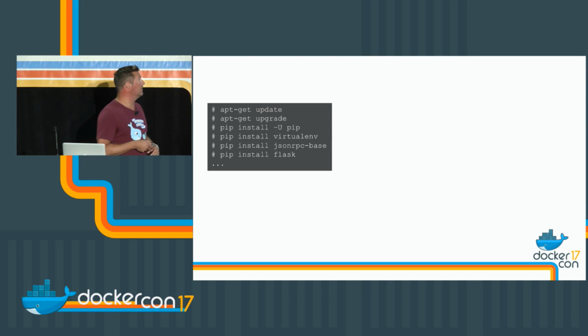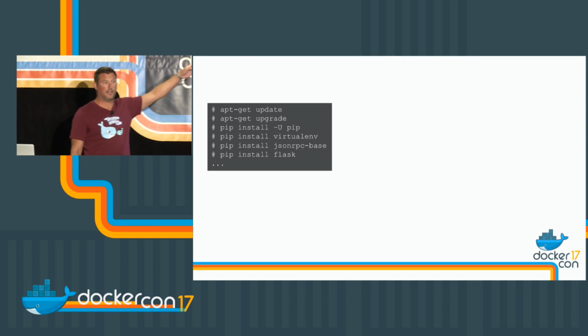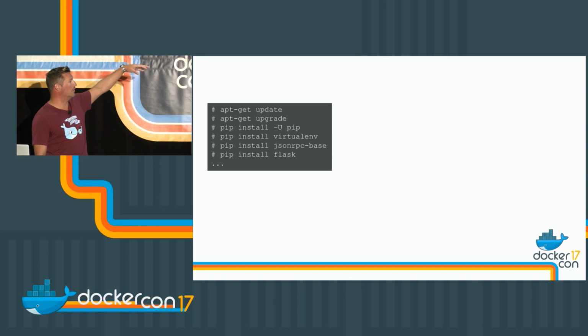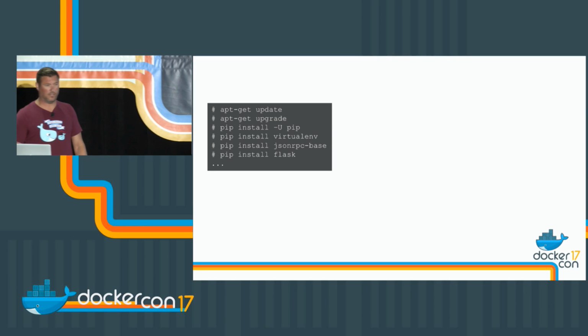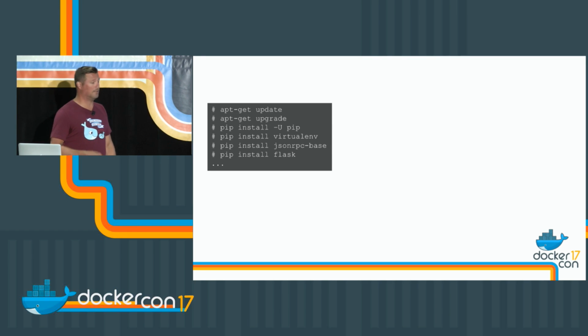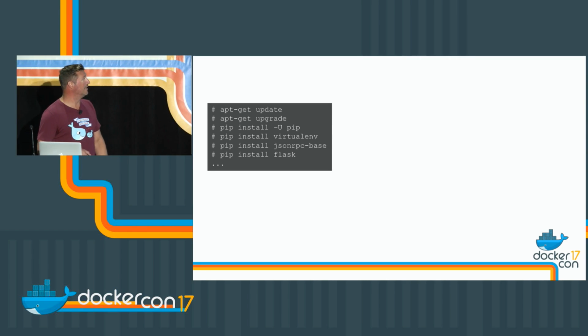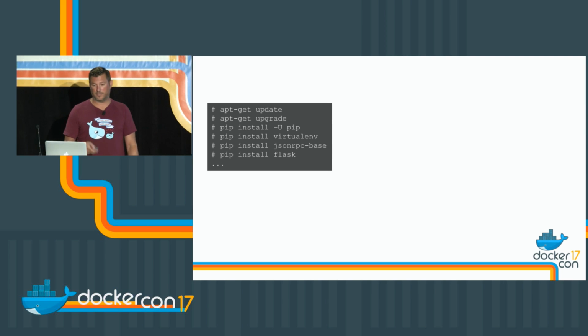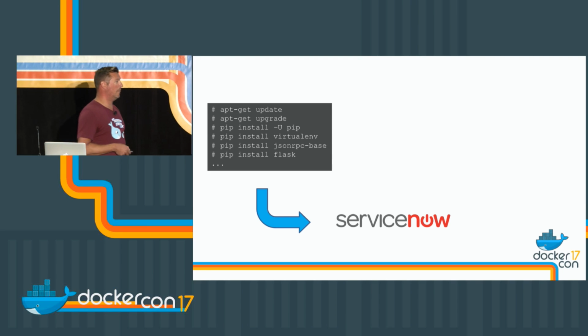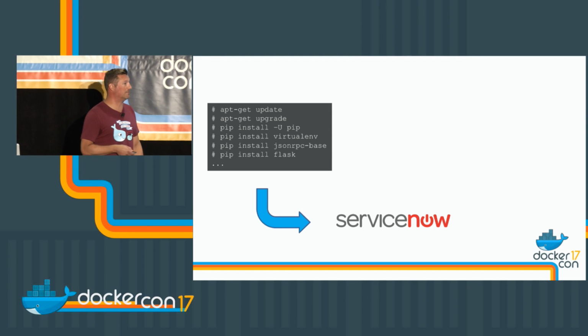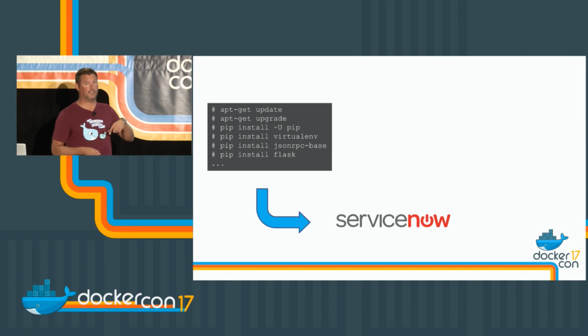So you get a Linux VM, or potentially you get one given to you by your IT shop. From there, you install a bunch of prerequisites. It's the standard issue. There's a Python application, and we need to install pip, and we need to install JSON RPC base, and then because we have to pass everything through IT, we submit a ticket to ServiceNow.